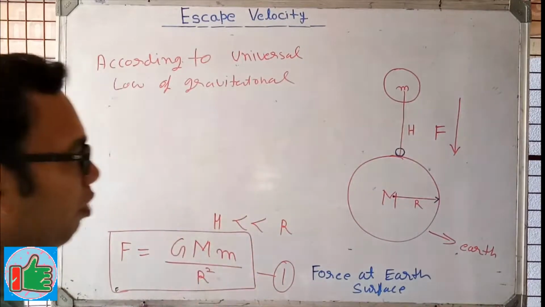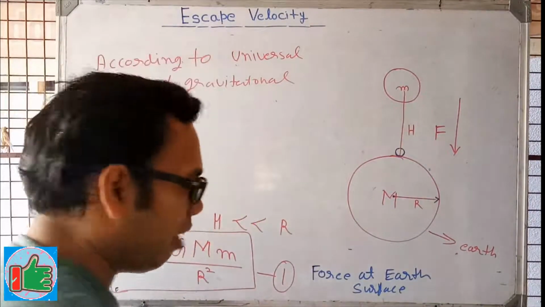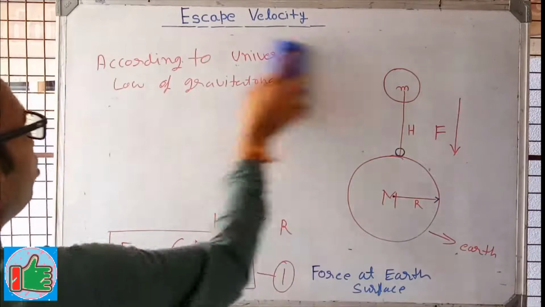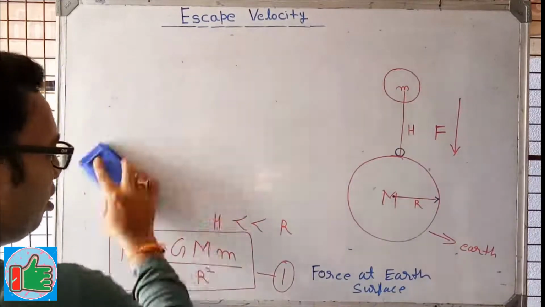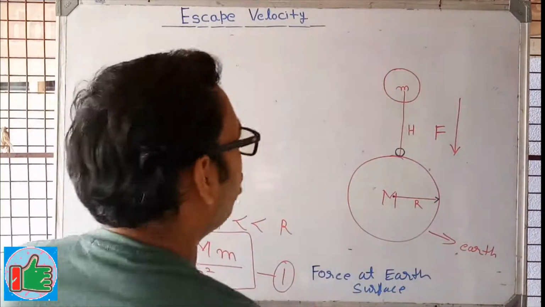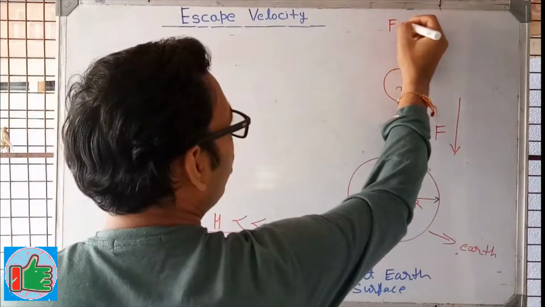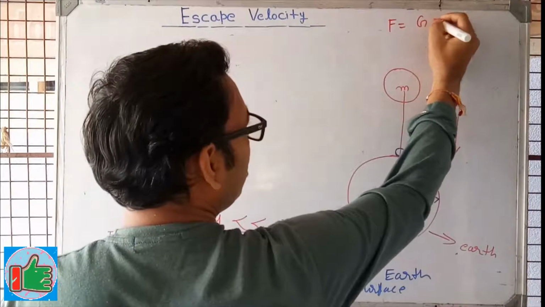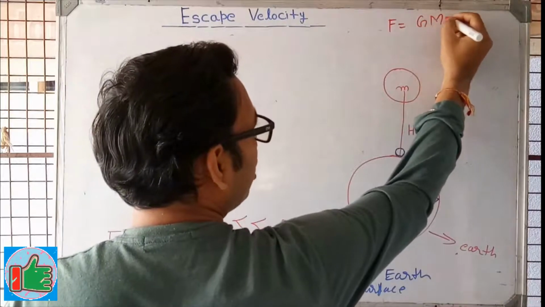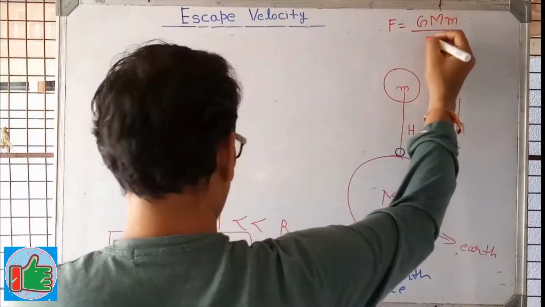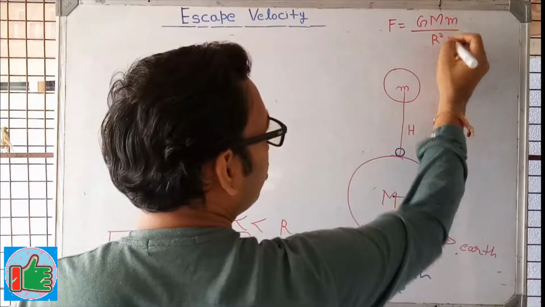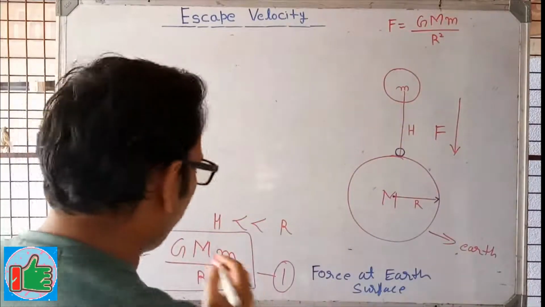So we will find out the escape velocity. For the escape velocity, I will write this equation on top here. F is equal to G capital M small m over R squared. What is G?